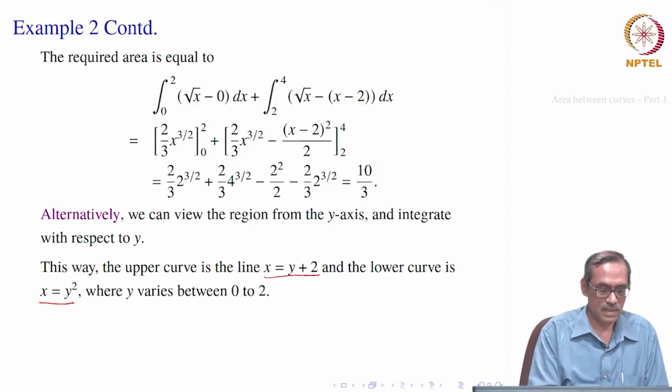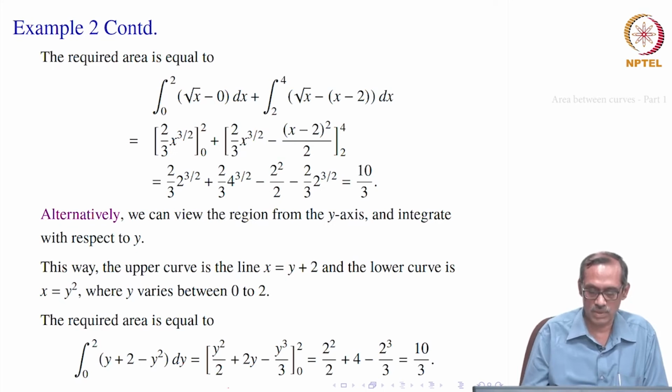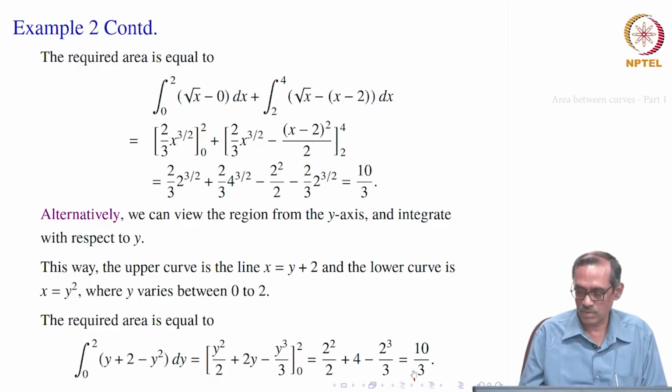So, we write the integral correspondingly, one integral only, which is from 0 to 2, y plus 2 on the top, y square on the bottom. So, the integral of y plus 2 minus y square dy. So, that directly if you integrate, y gives y square by 2, 2 gives 2y, minus y square gives y cubed by 3, to be evaluated at 0 and 2 and subtracted. So, that again simplifies to the same answer, 10 divided by 3.